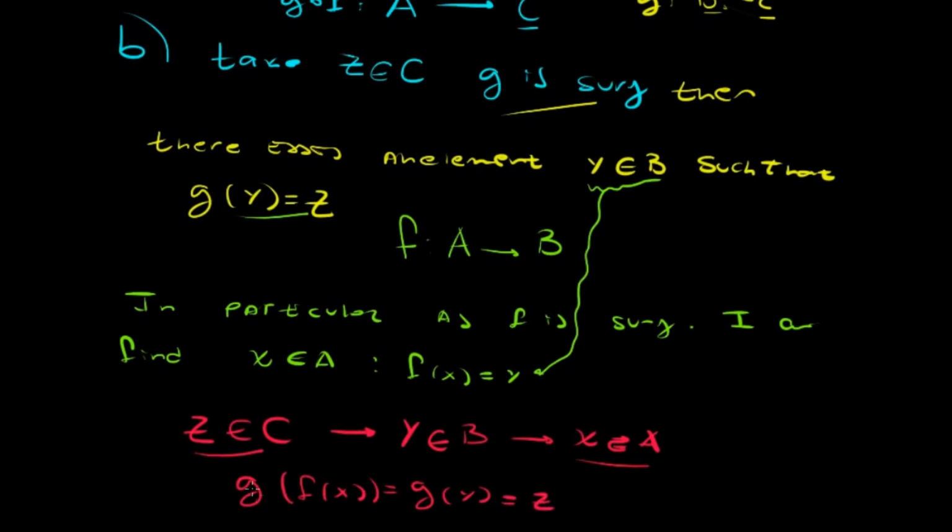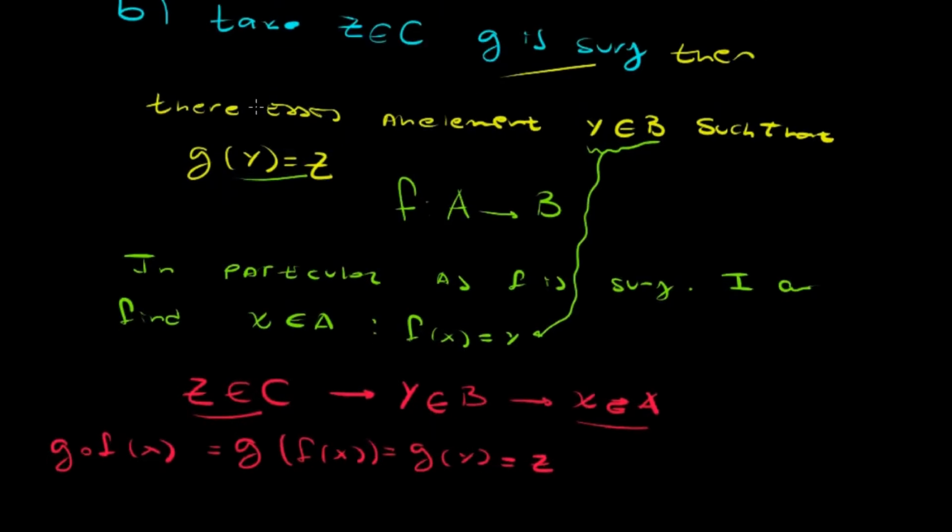And what is g composed with f of x? Well, it's g of f of x. Because of this, I have that g composed with f is surjective.